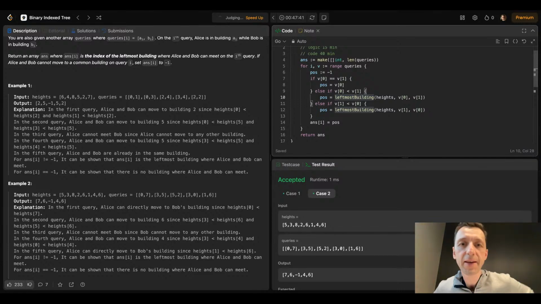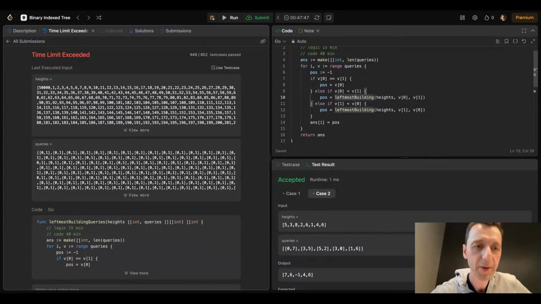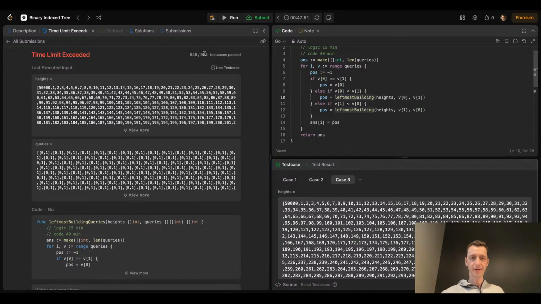for bigger test cases. Time limit exceeded. Yeah. Oh, gee, we're almost at the end. Yeah, we almost passed them, but this test case looks like it's 50,000 long.